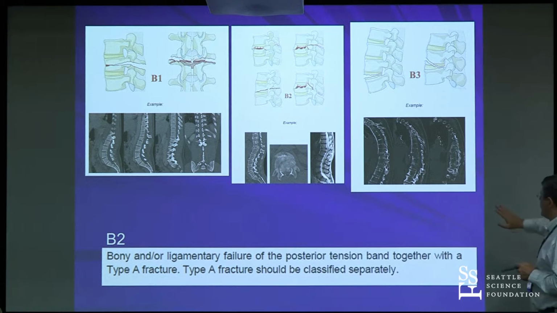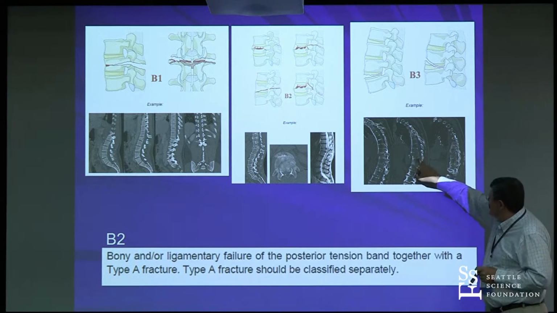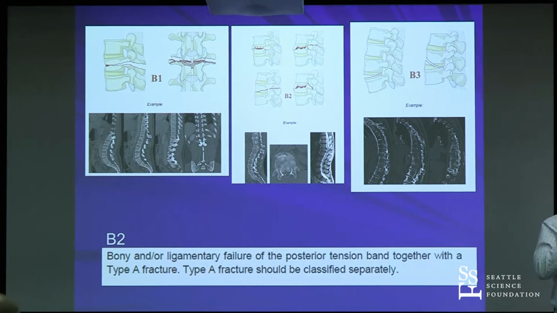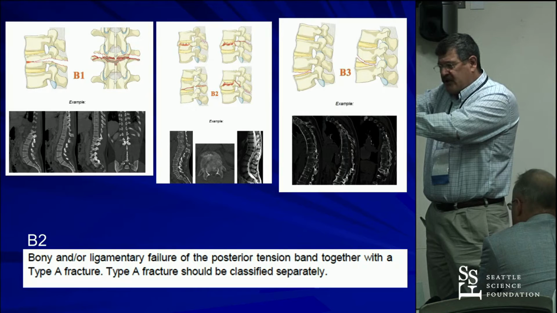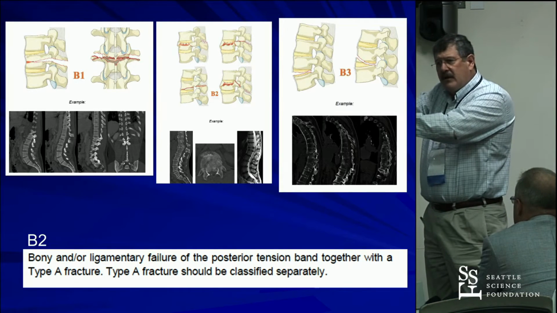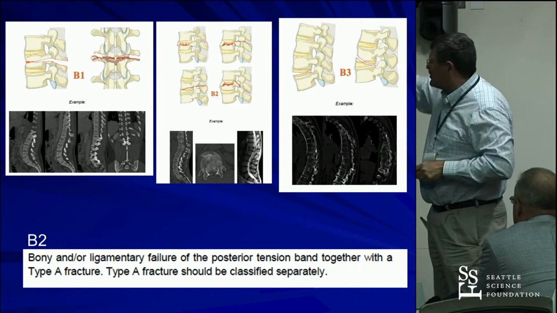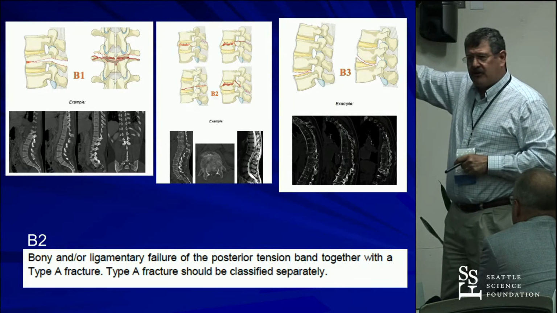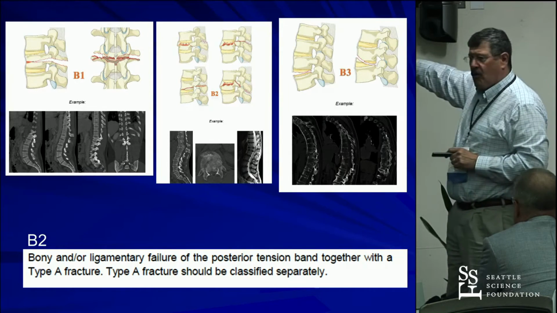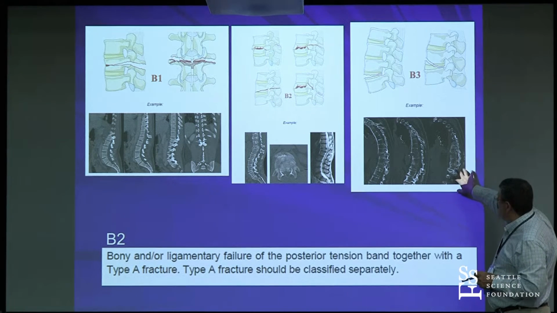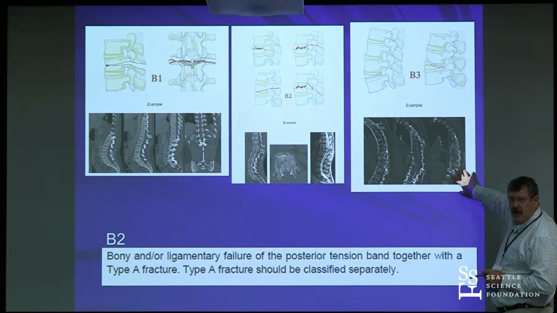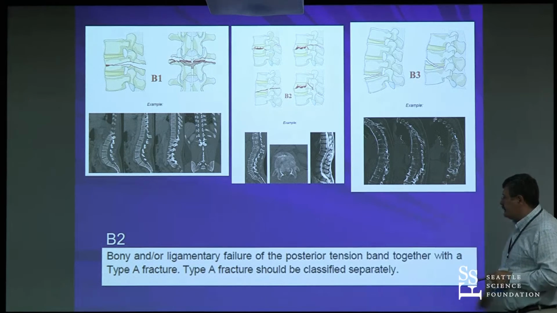And then they did a B3 injury, and I would postulate that this is not a good example of one, because they said if it's an extension injury, but the posterior stuff's intact, in other words, it just cracked a little in the front, that is also a B injury. This is a really rare injury, because most of these are ankylosed spines, and almost always it's through the back. So this is a very rare injury. This may be the one ankylosed injury that can be treated non-operatively, but it's rare.